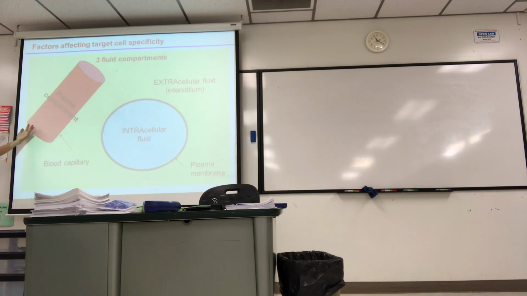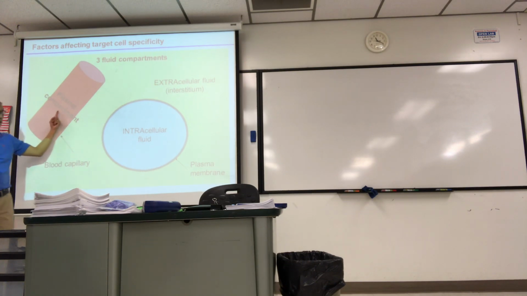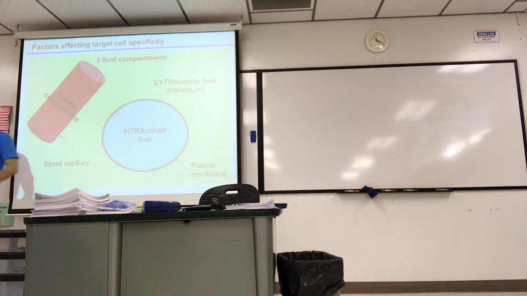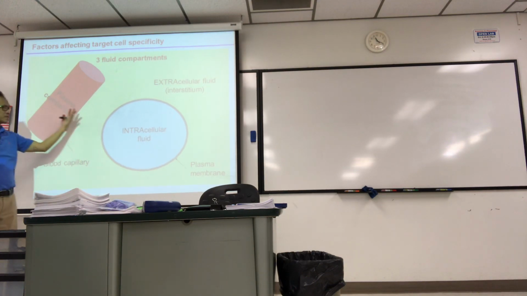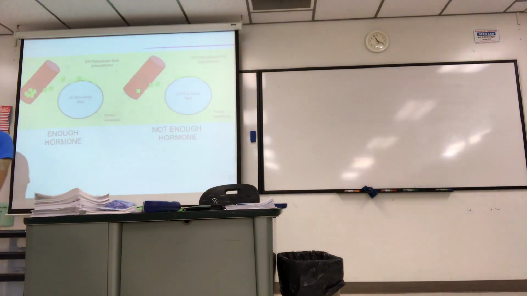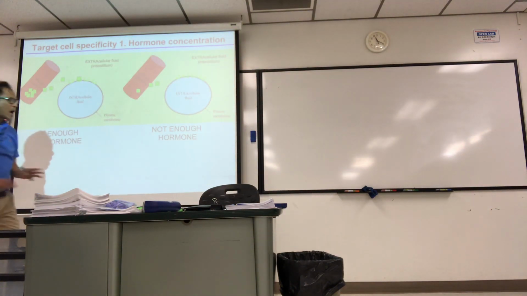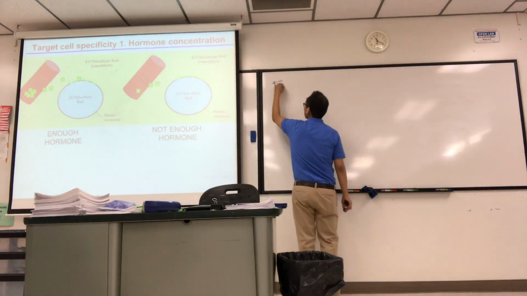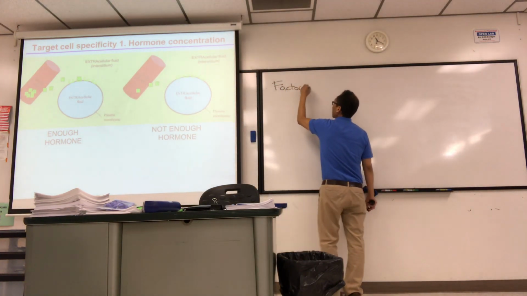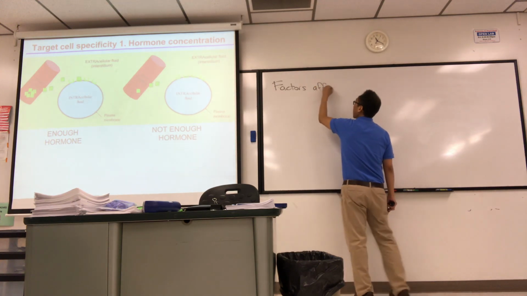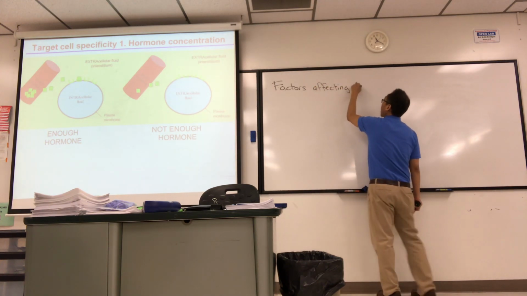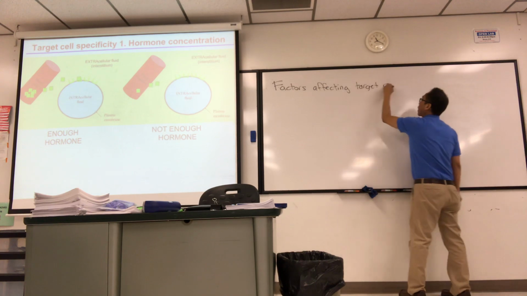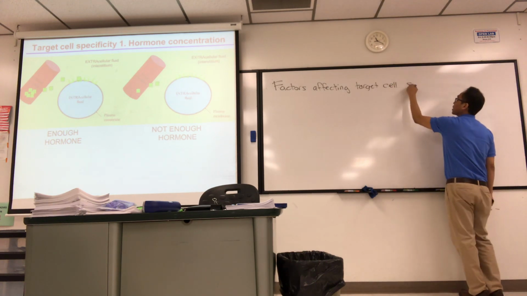So the reason why I present this is hormones have to diffuse from here to here. Okay? And so factors that affect a hormone in blood getting, say this is a target cell you're trying to reach, a few things are outlined in your book. You have to secrete enough hormone. Call this factors affecting target cell specificity.